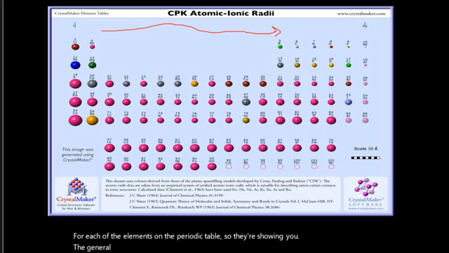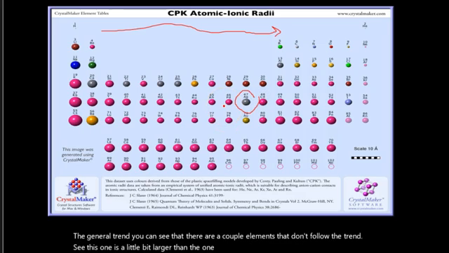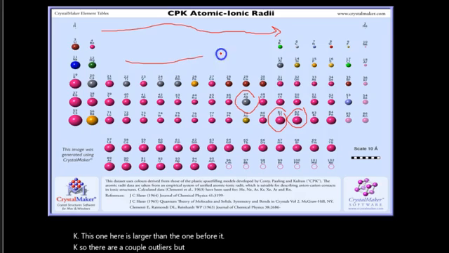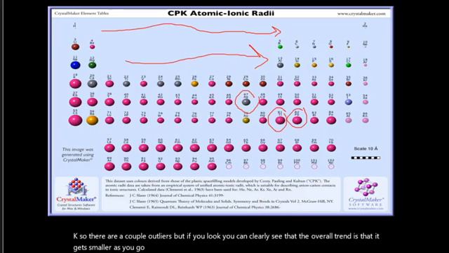You can see that there are a couple of elements that don't follow the trend. See, this one is a little bit larger than the one before it. This one here is larger than the one before it. So there are a couple of outliers, but you can clearly see that the overall trend is that it gets smaller as you go to the right.